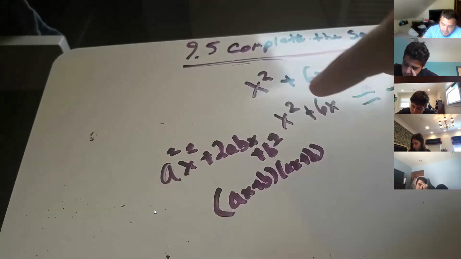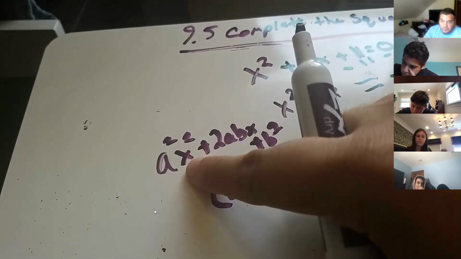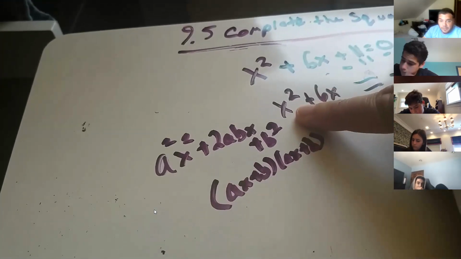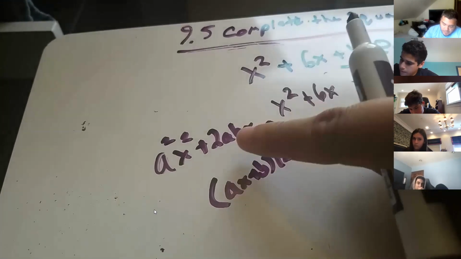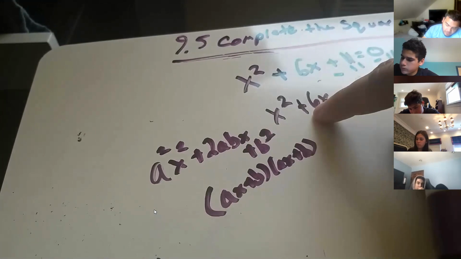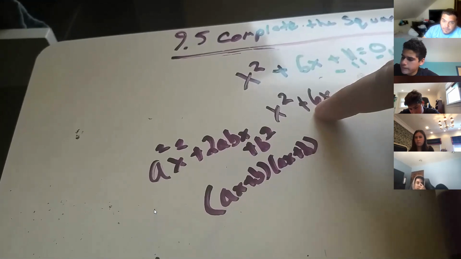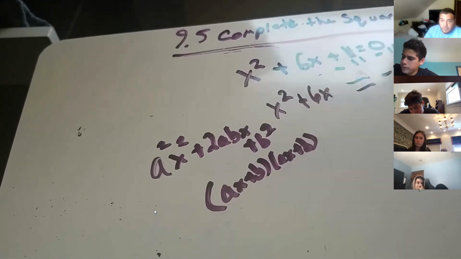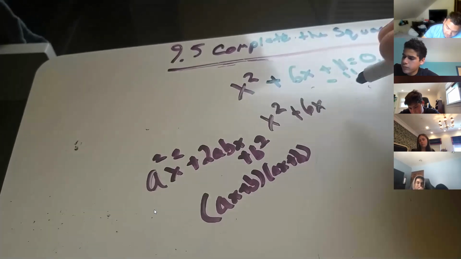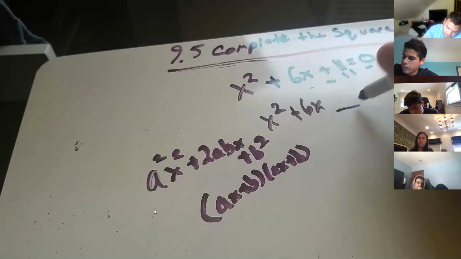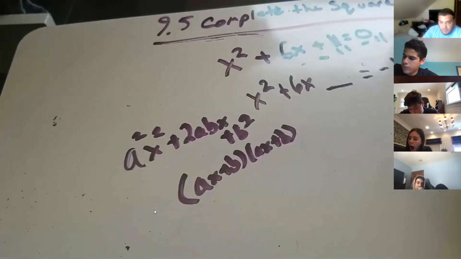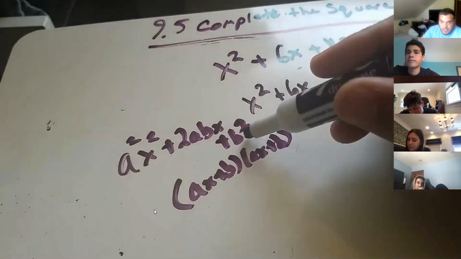So what we need is a perfect square in the front. We got a perfect square in the front, so we're good right there. What we need is 2abx. Well, we have x. Now, what is 2ab? That's going to be the problem. And today, we're just going to practice finding what our new term is. That's going to go here, and we're going to call that term c. And that c is also going to be called b squared, okay?